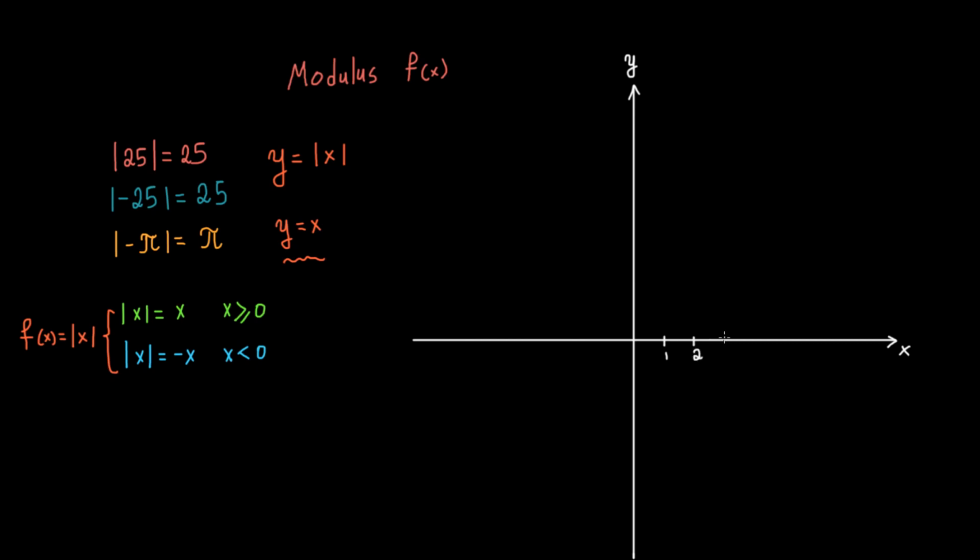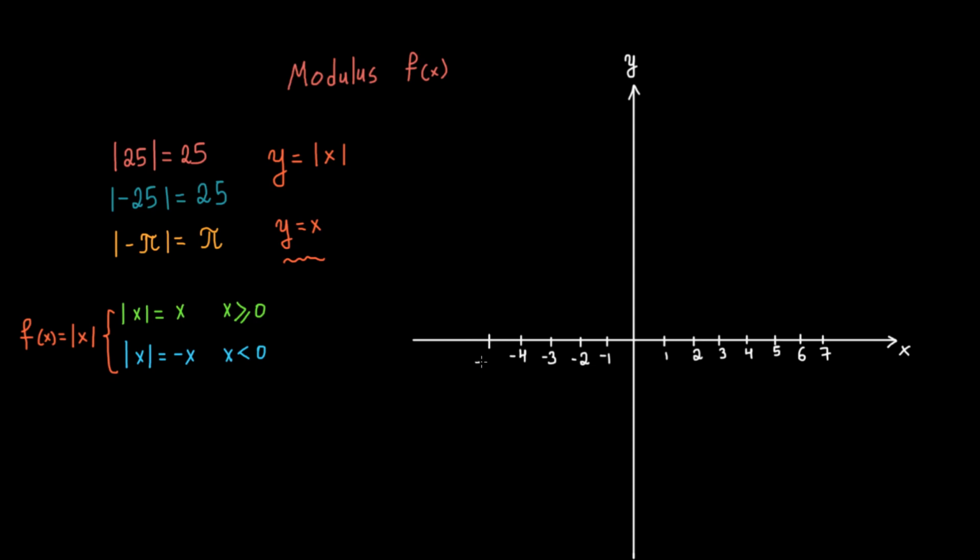2, 3, 4, 5, 6, 7. For these values, it's going to be -1, -2. The scaling could be off, but don't mind it. -3, -4.